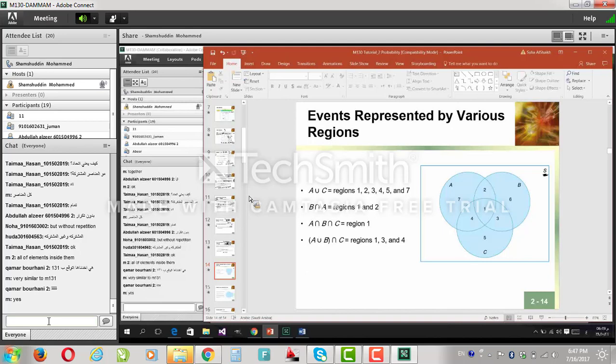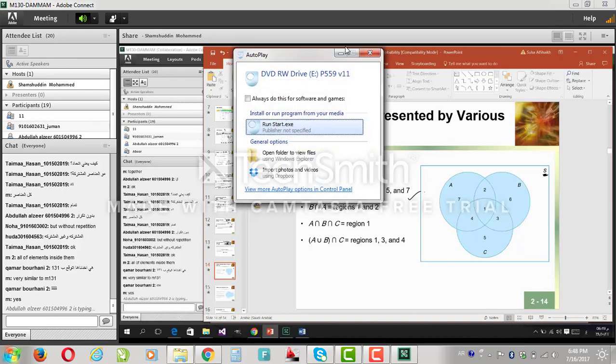And inside it we have three sets, A, B, and C. Can you see? And the points here show the elements of all the sets that we have. And now A union C, what's A union C? By just looking here, it's 1, 2, 3, 4, 5, and 7. Is that clear to you?